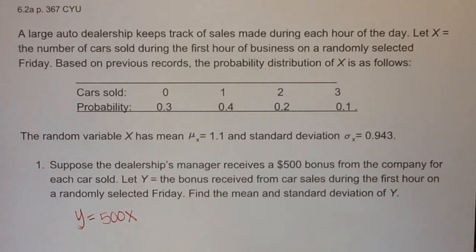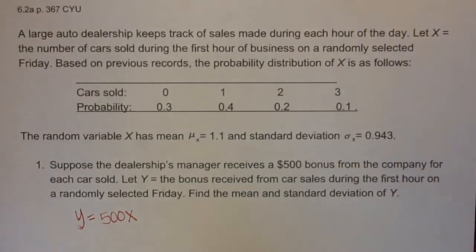If you look on page 366, there's that yellow box that says effect on a random variable of multiplying or dividing by a constant. In this case, we're multiplying by the constant of 500. The very first bullet says that if we're multiplying by a positive number, it's going to multiply the measure of center and location.